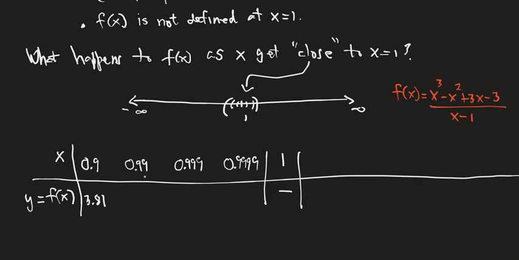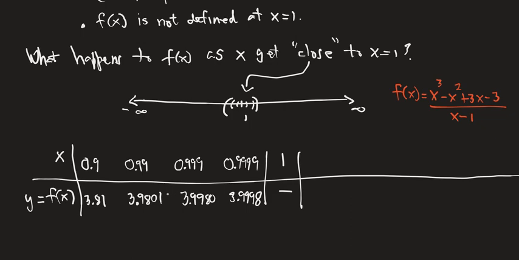If you plug 0.99 in, you'll get 3.9801. If you plug 0.999 in, you're going to get 3.9980. And if you plug 0.9999 in, you're going to get 3.9998. And you can probably see a pattern.